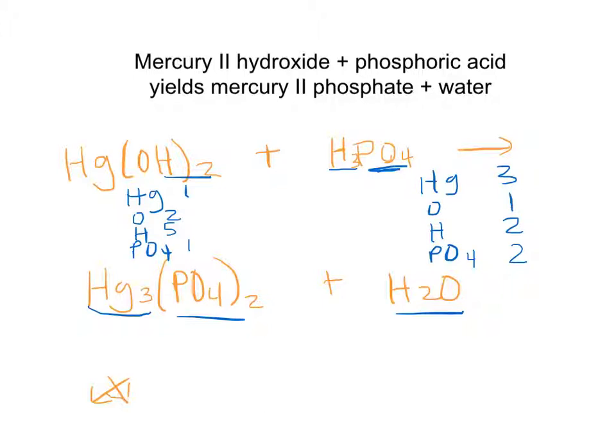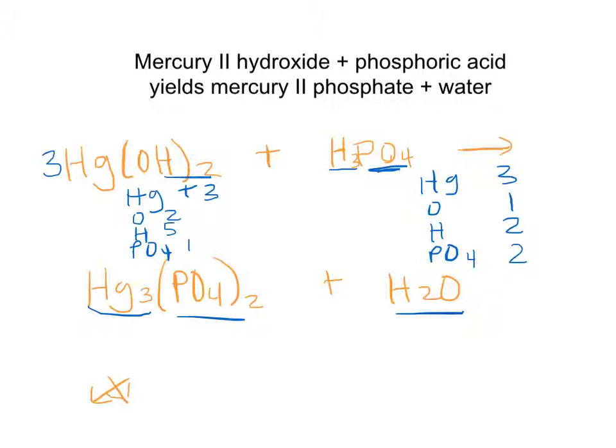Okay, so remember we want to try to leave the hydrogens and oxygens for last to balance. So I'm noticing that on the reactant side I only have 1 mercury, but I have 3 on the product side. So I'm going to use a coefficient of 3 up front here. So that's good. So now that gave me 3 mercuries, but now that also did change my number of hydrogens and oxygens.